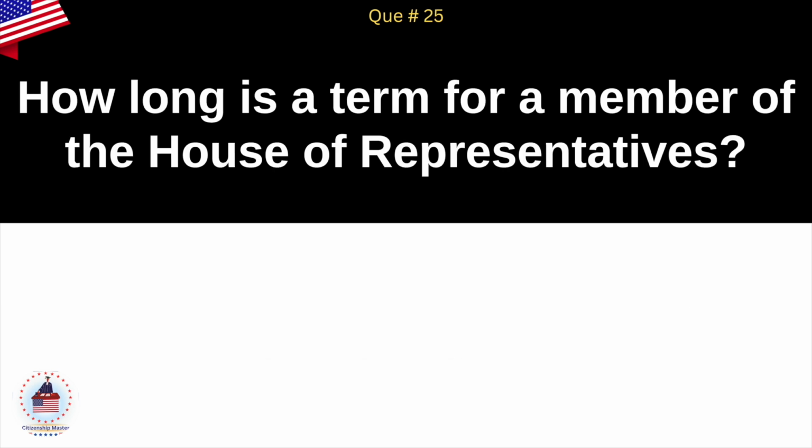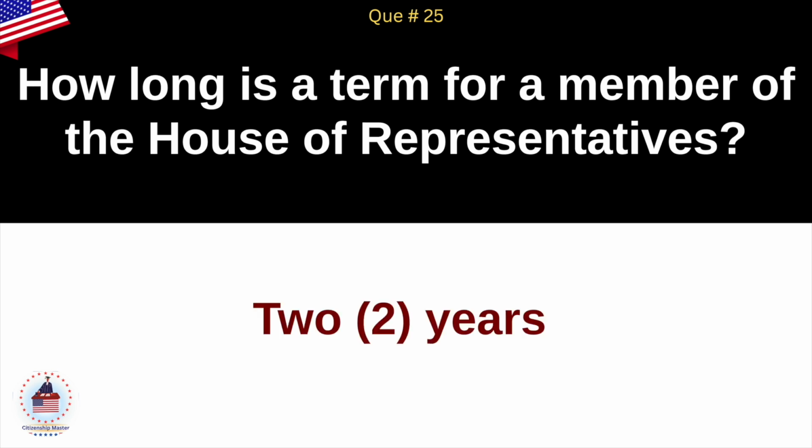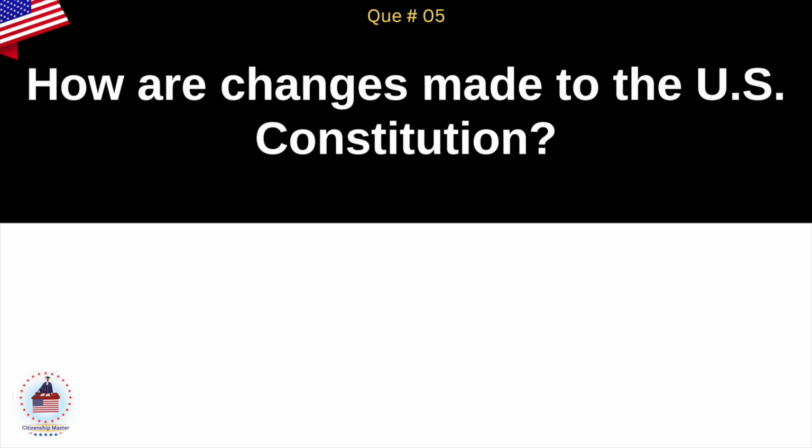How long is a term for a member of the House of Representatives? Two years. How are changes made to the U.S. Constitution?